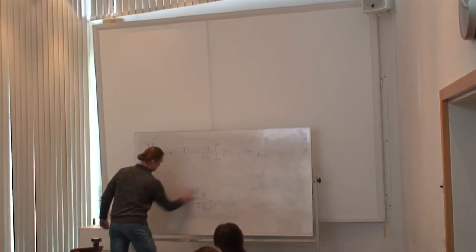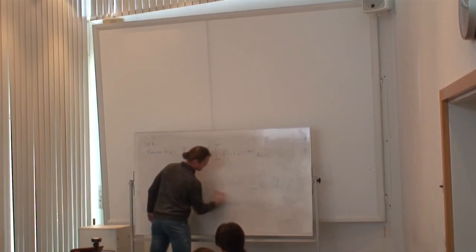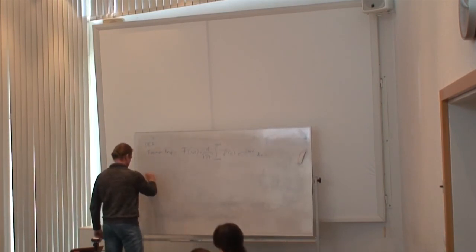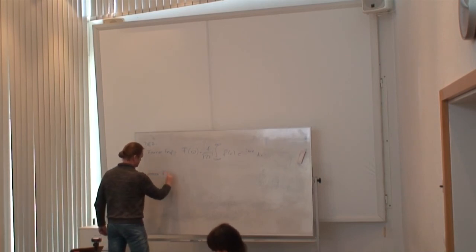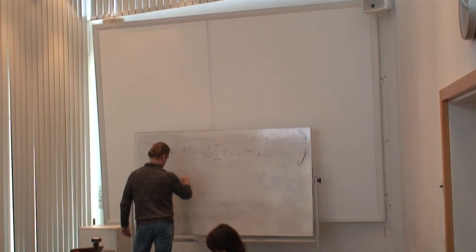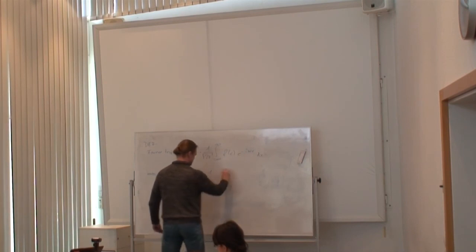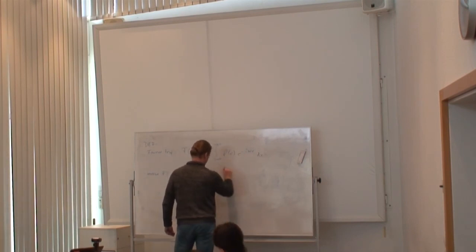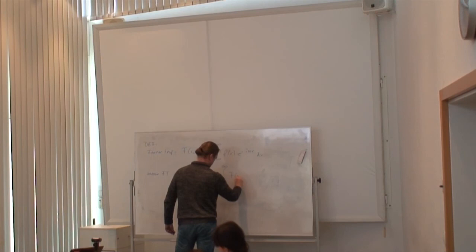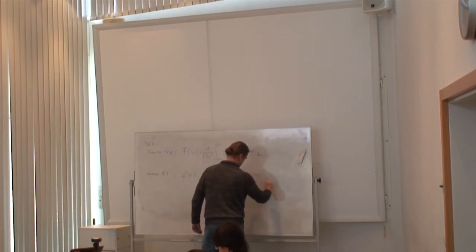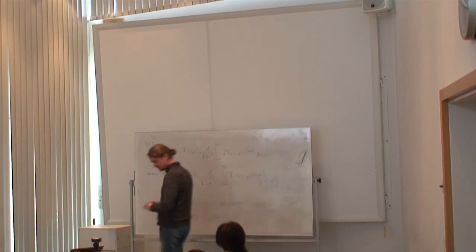And the inverse Fourier transform is f of x equals 1 over square root of 2 pi times the integral from minus infinity to infinity of F of omega e to the i omega x d omega.